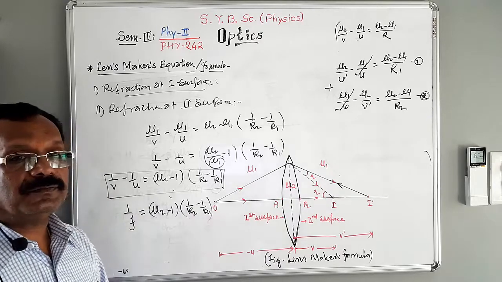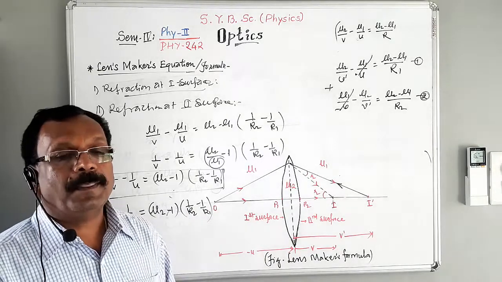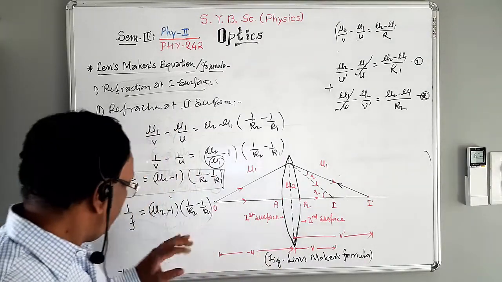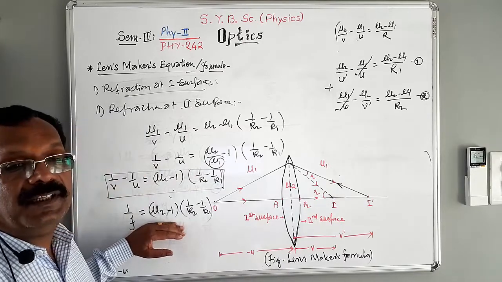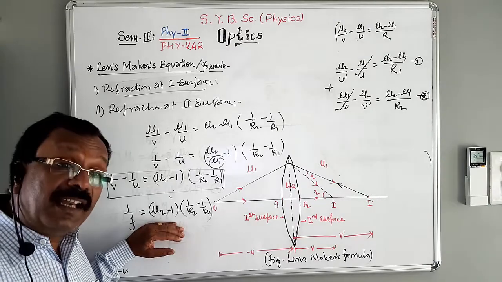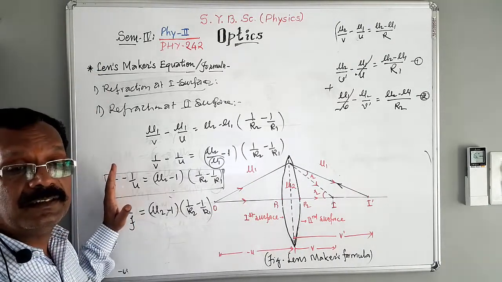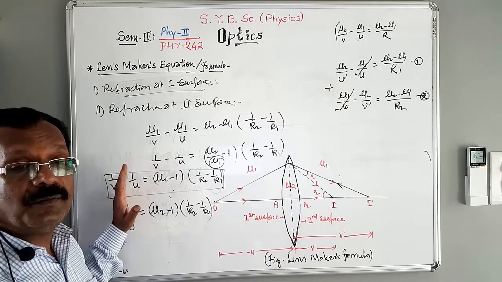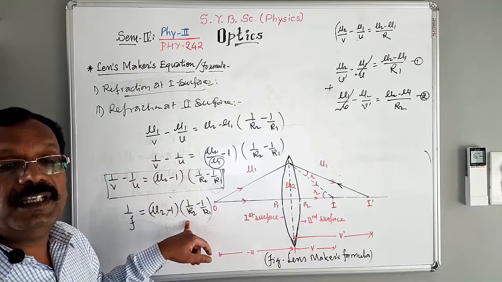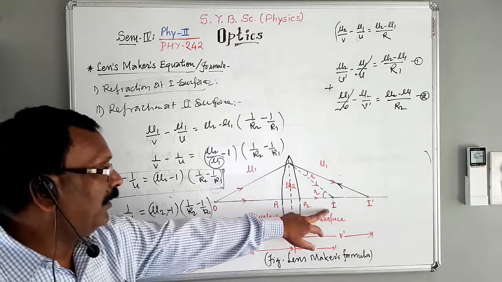This is the lens maker formula according to the definition of focal length: when the object is at infinite distance from the lens, that is u is equal to infinity, the image is formed at the focus, v is equal to f.